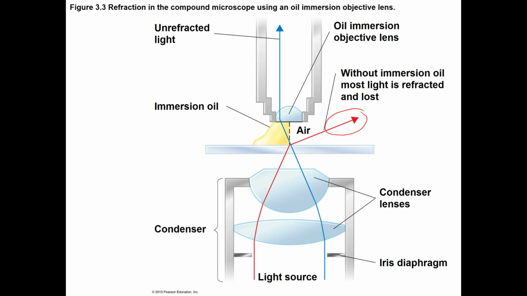So oil is added to help more light from the specimen reach your eye. When you add oil to the slide for oil immersion, you can focus on your specimen because more light is reaching your eye, allowing you to resolve those two close together tiny bacteria, or I guess 100 close together tiny bacteria.